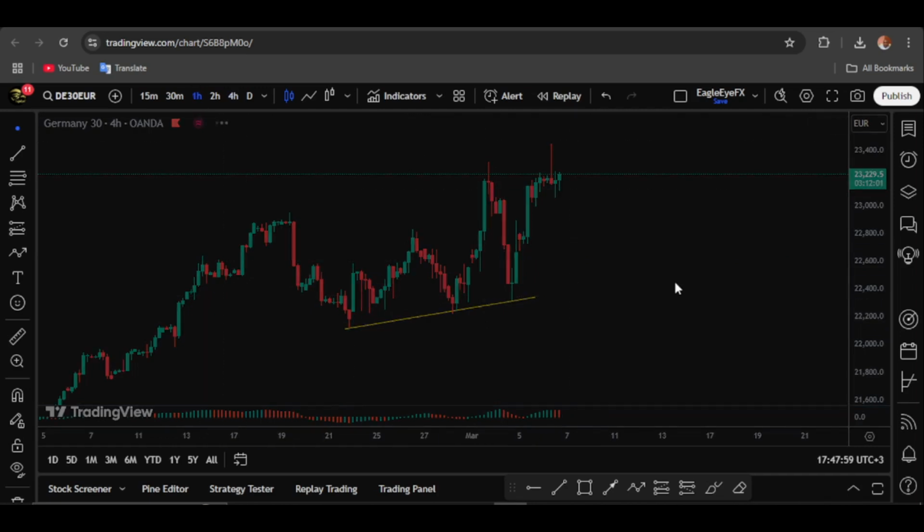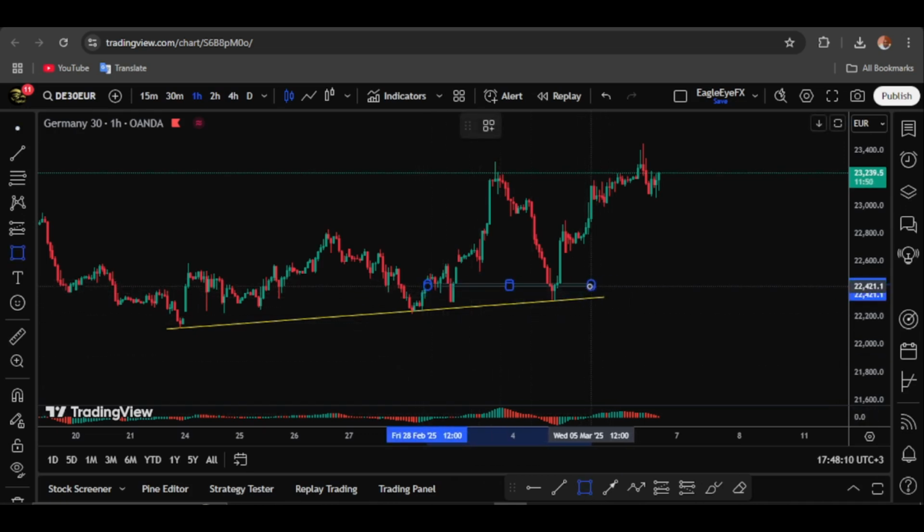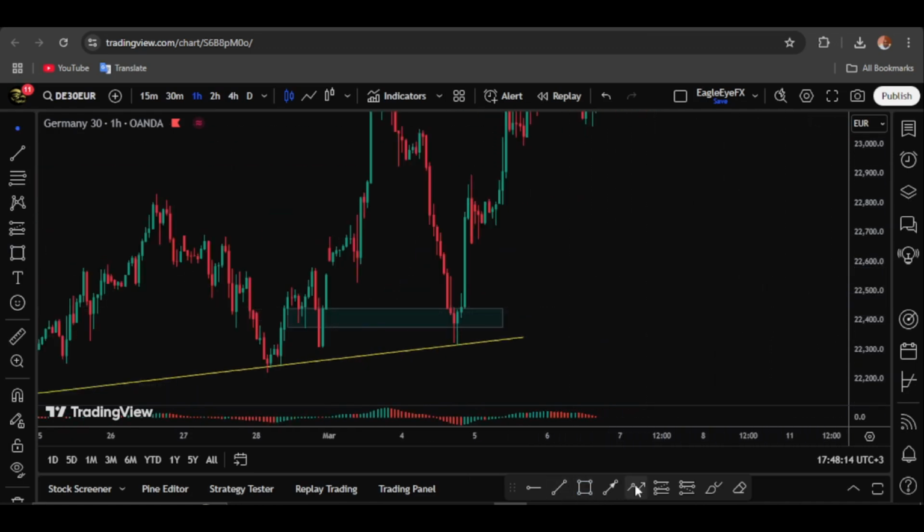Then at this particular level over here, let's go to the 1-hour time frame. As the market was approaching this level over here, this is where I took my trade. This is where I was able to spot my QM pattern. So we say that when you're looking to buy, number one, we want to see a break of structure.